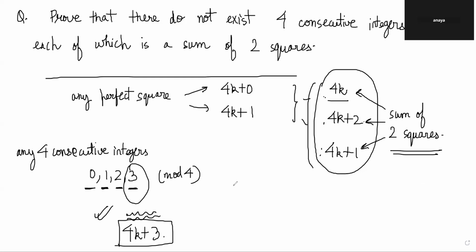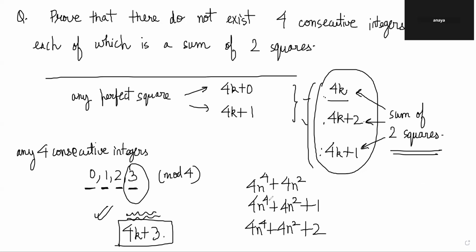One example of a construction would be 4n to the power 4 plus 4n square, 4n to the power 4 plus 4n square plus 1, and 4n to the power 4 plus 4n square plus 2. These are clearly three consecutive integers.